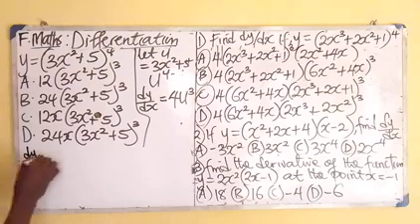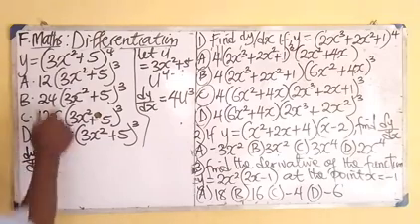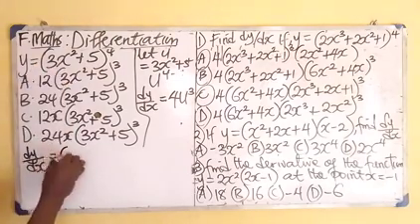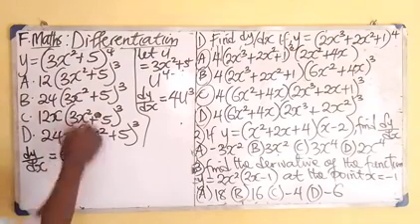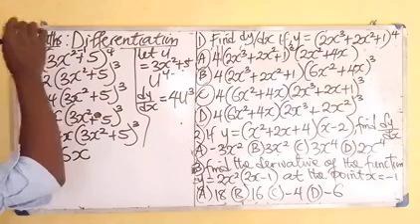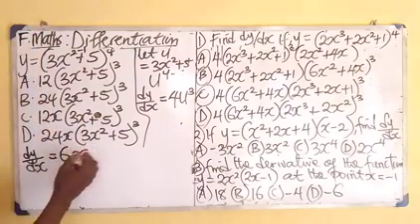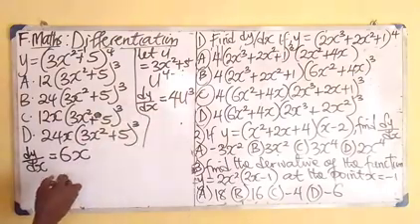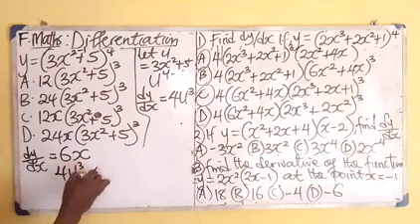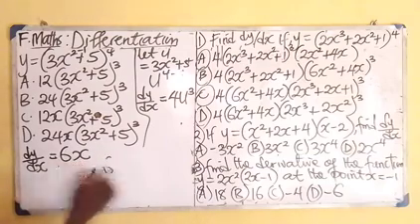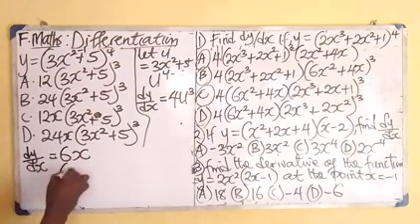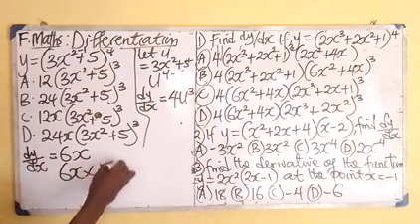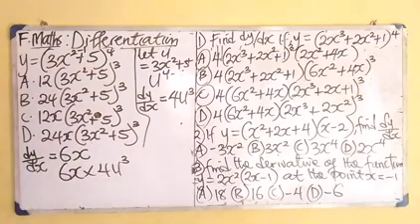So du over dx equal to 2 times 3, I have 6, right? Then x, because 2 minus 1, I have 1. So there's no need to write 1 here. Therefore, what will I do? I'll multiply this and this. I'll be having 4u cubed times 6x. 6x times 4u cubed.